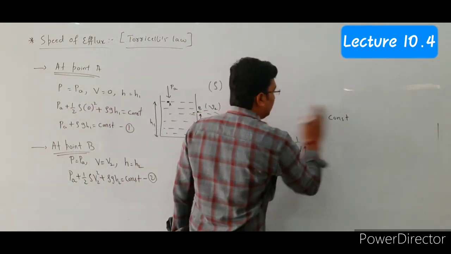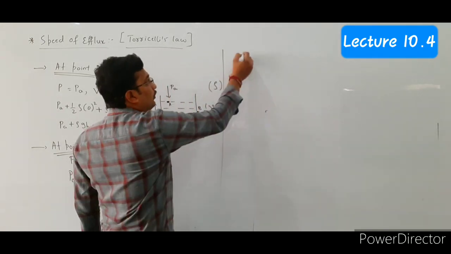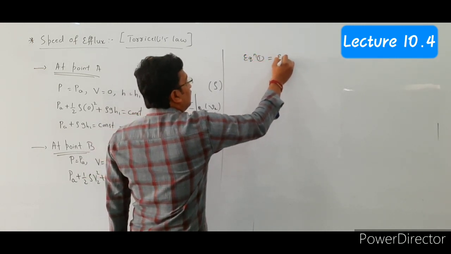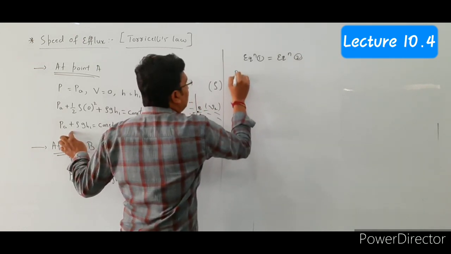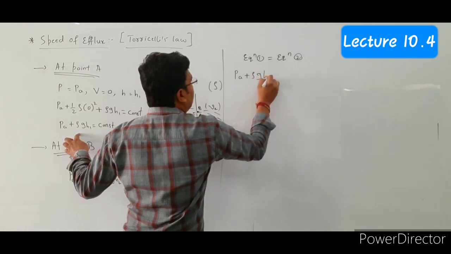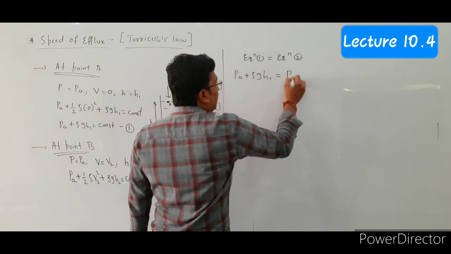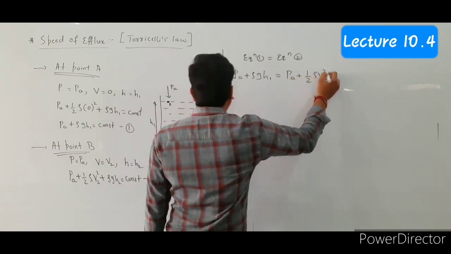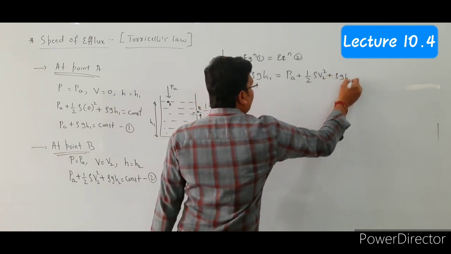Next, we are going to equate equation number 1 and equation number 2. So what is equation number 1 here? Pa plus rho g h1 is equal to Pa plus 1 by 2 rho V2 square plus rho g h2.